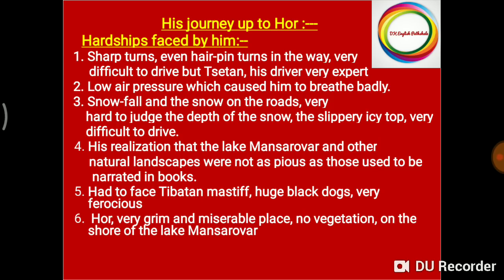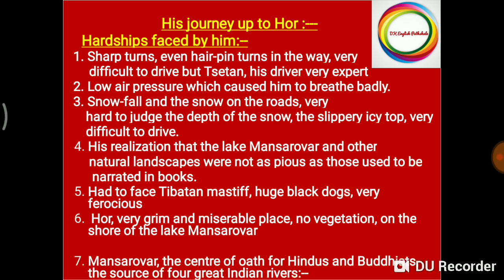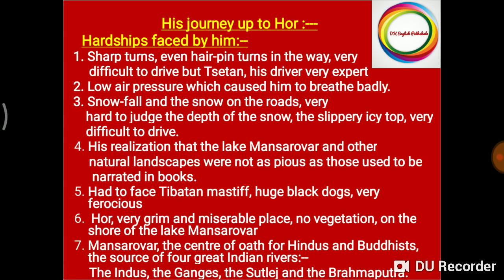Number 6, Hor, which is situated at the shore of Mansarovar, but for the writer it was a very grim and miserable place because no vegetation was there. Mansarovar, the center of oath for Hindus and Buddhists, the source of 4 great Indian rivers, the Indus, the Ganges, the Satluj and the Brahmaputra.